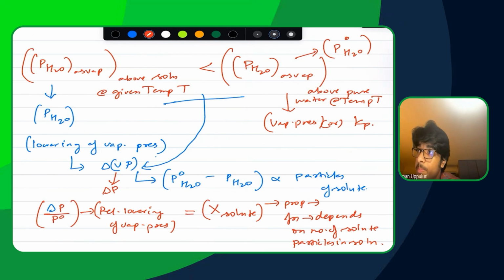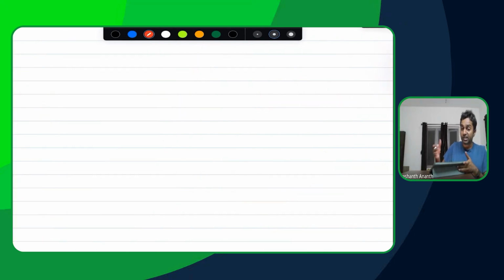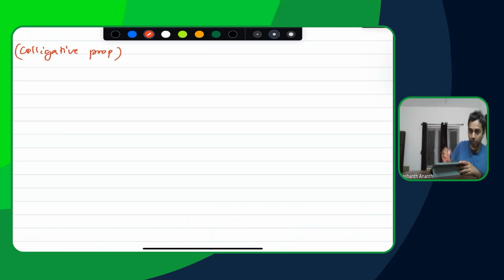Fair so far? Yes, sir. So this type of mathematical function now gets a new name, called a colligative property. So what is this colligative property?